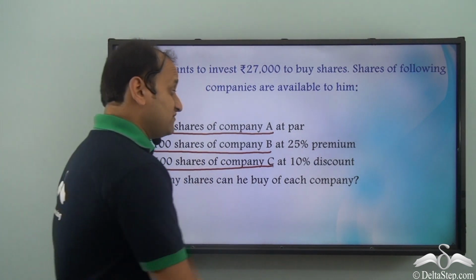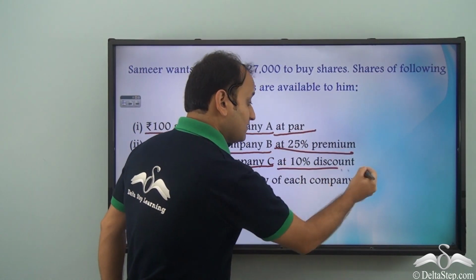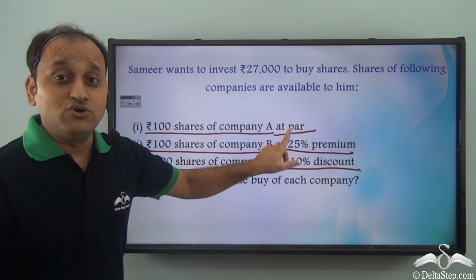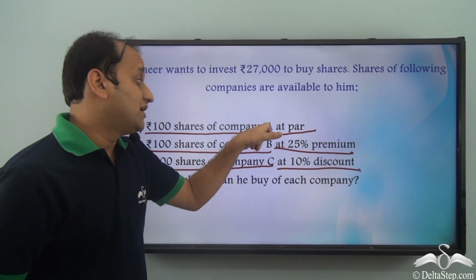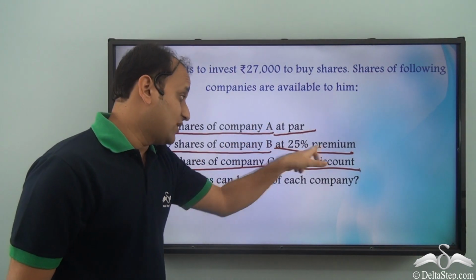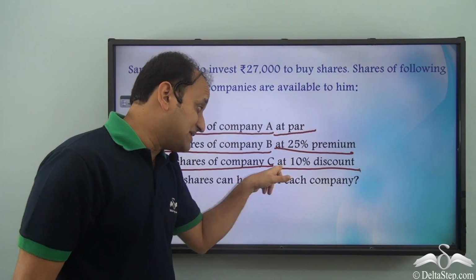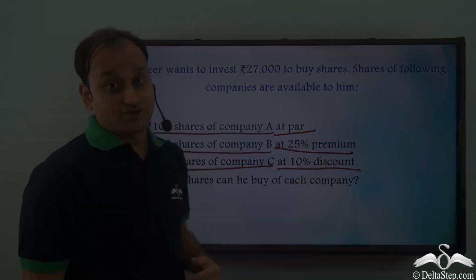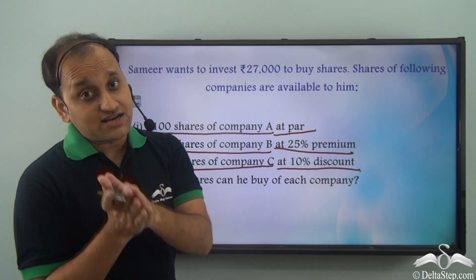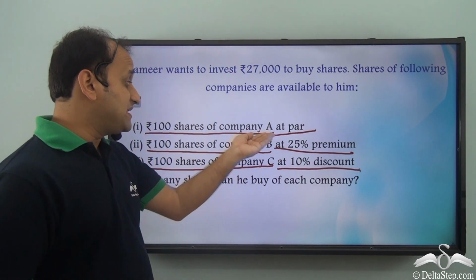But as soon as we move to this part, the market value changes, because in one case we have at par, the second one we have at premium, and in the case of the third one, company C, we have at discount, and this will change the market value. So let's start with company A.